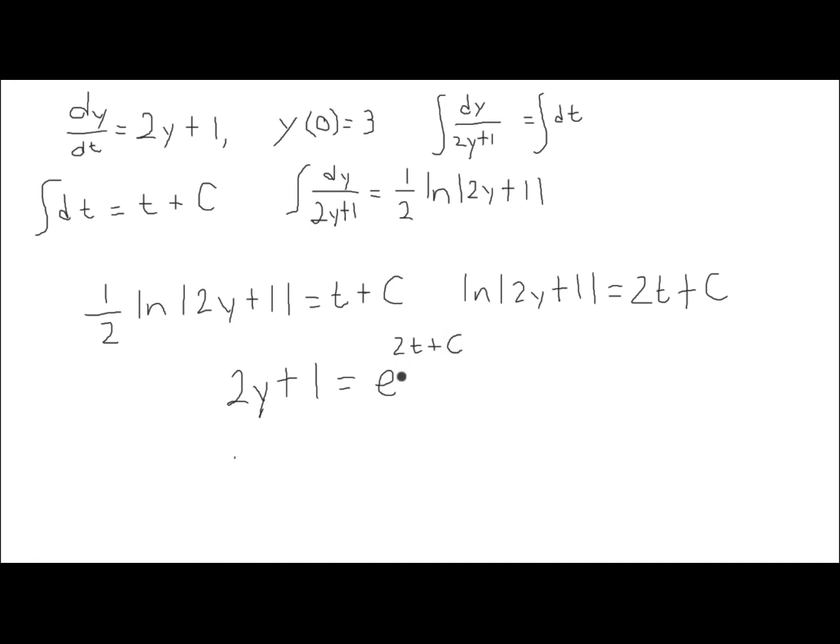And since we have e to the power c, and that is c, which is a coefficient, we can state that it equals c times e to the power of 2t.